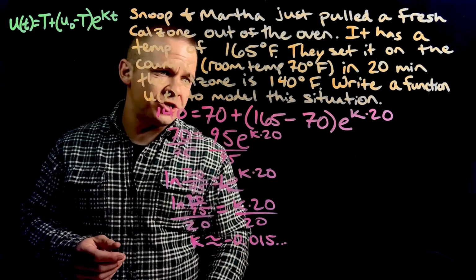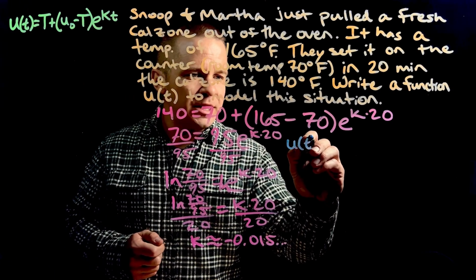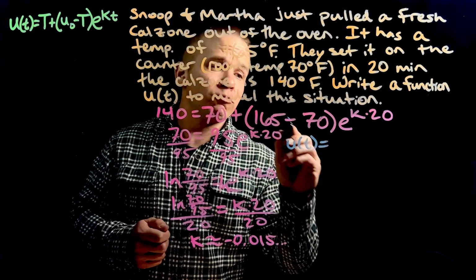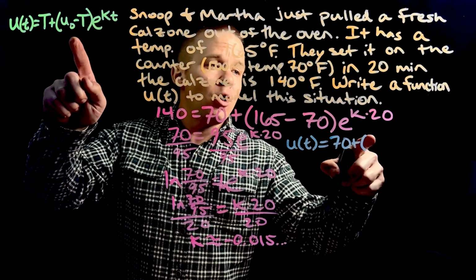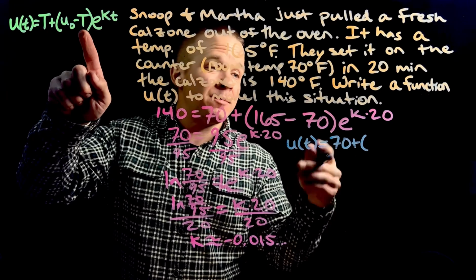We can write our function as U of T equals our room temp, which is 70, plus our U naught, which was 165 minus my room temp of 70.